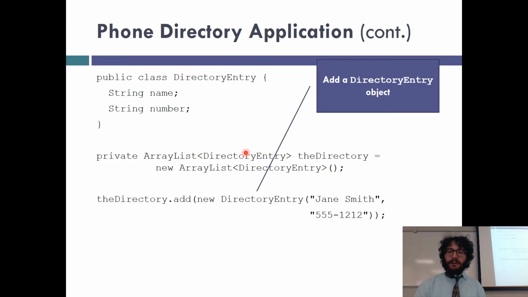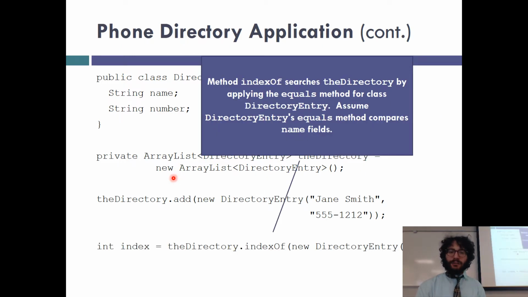When you create an array list of directory entries, that's the only thing you can put in here. Oh, right, I meant literally typing new directory entry. Oh, yeah. You can add it just like this, or you can create an entry E equal to new directory entry, Jane Smith, and that stuff, and then add E over here. Okay, but you can't not put new directory entry. Right, because you have to create a new object for this.